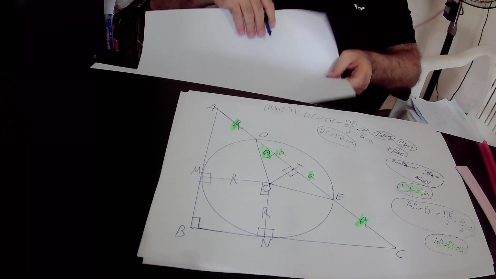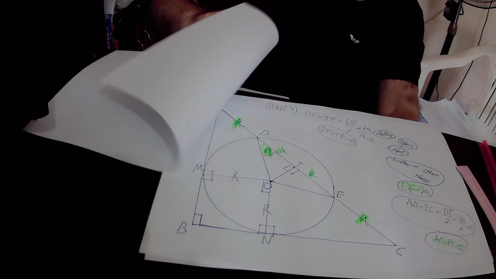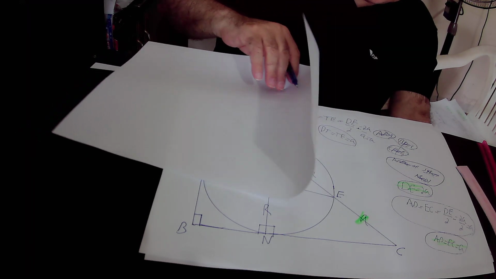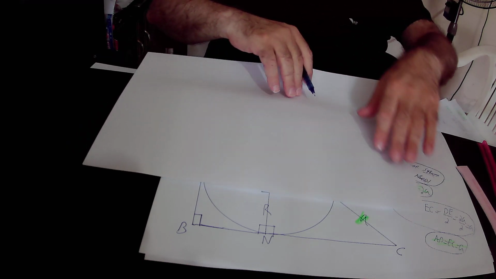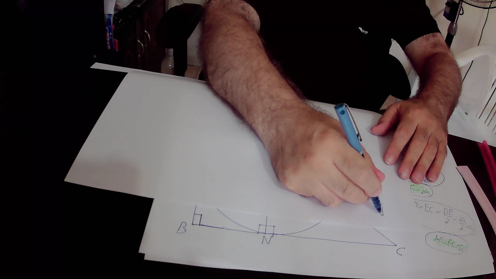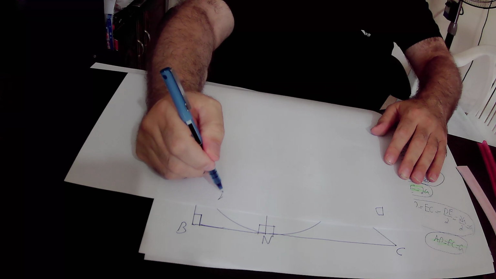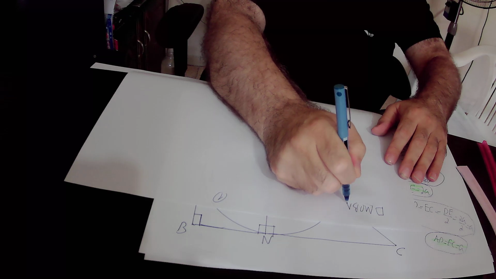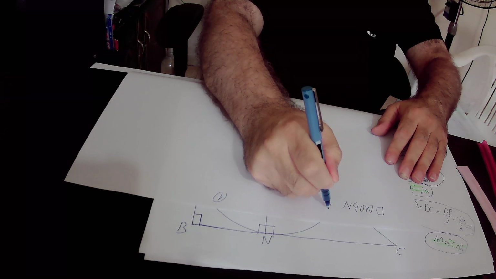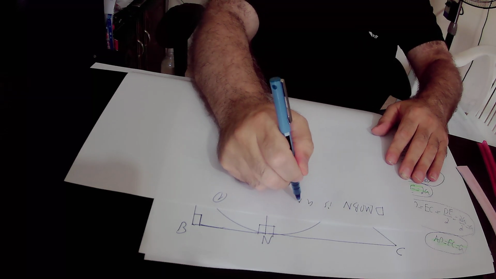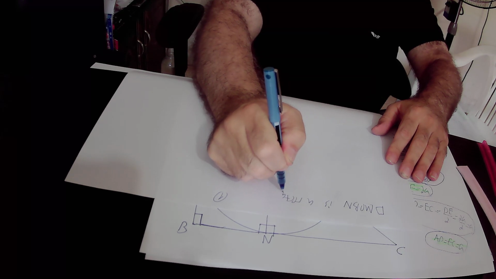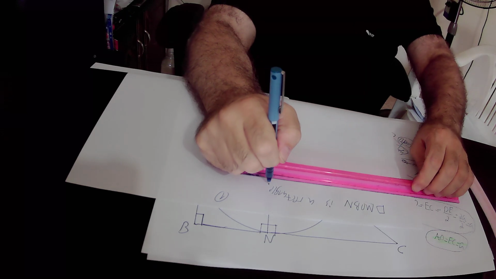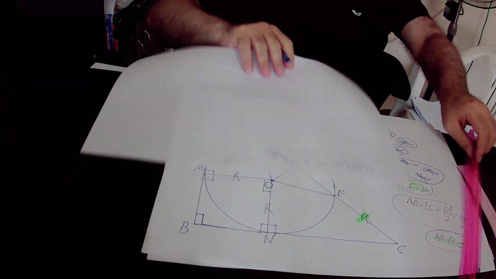I write it down. Quadrilateral MOBN is a rectangle because it has 4 right angles. And we know that the opposite sides of a rectangle are equal to each other.